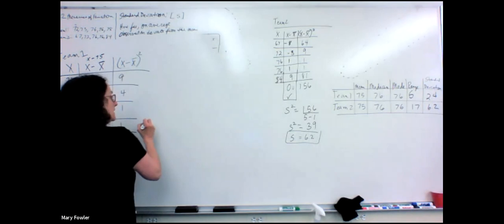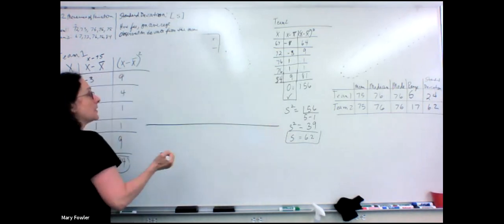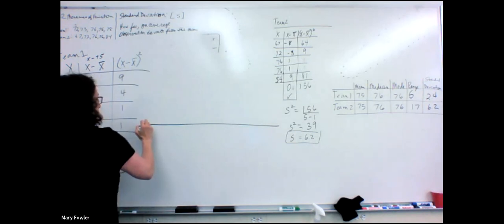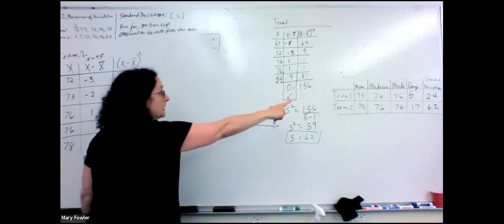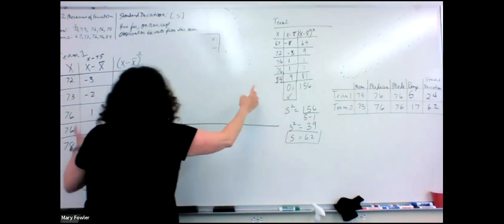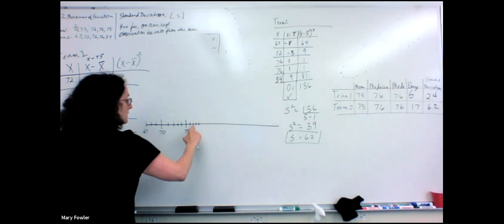So we need a horizontal axis, and I'm going to put all the data on the same axis. I'm going to start with 67 and go to 84, and that will be an axis that's big enough for all of our observations.